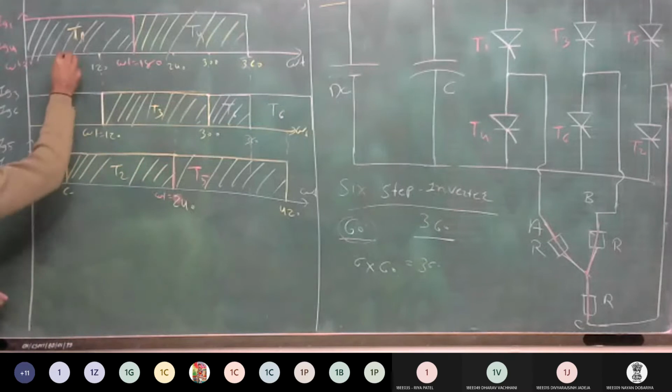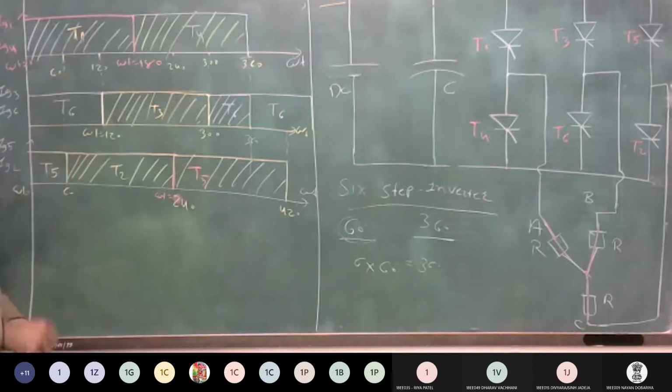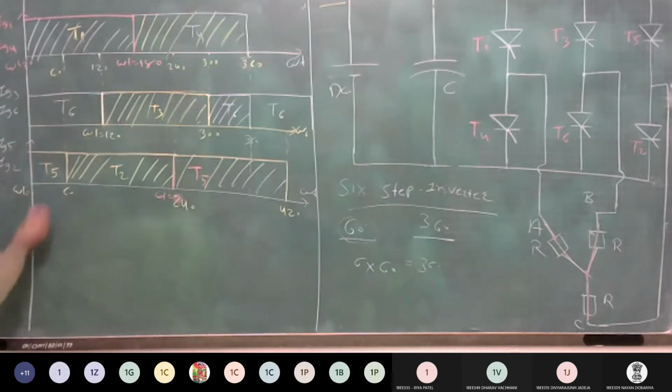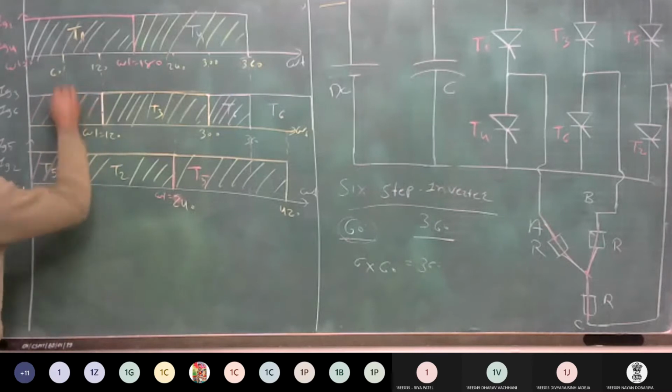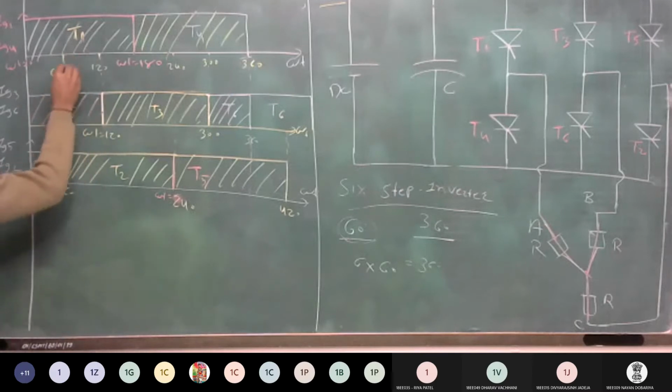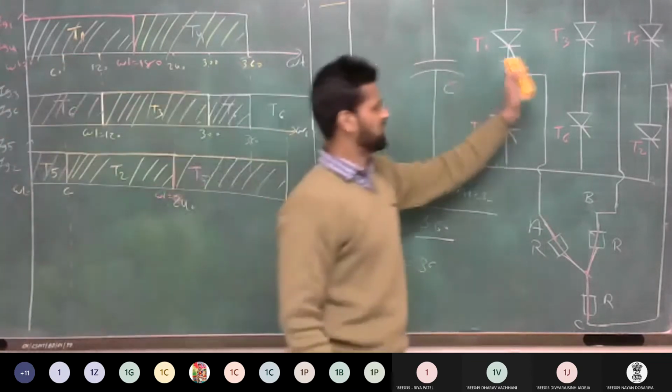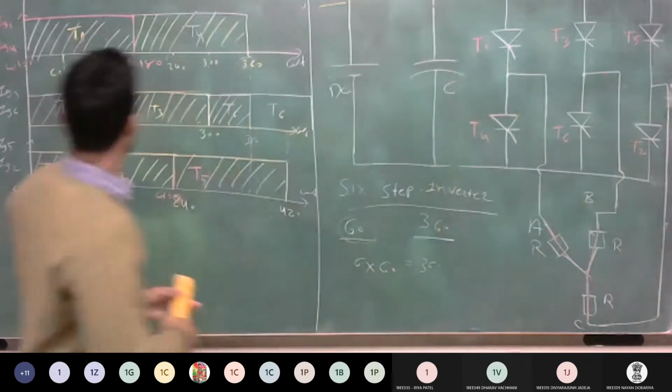You can see that at each and every 60 degree interval, one new thyristor is on. Let's see this. Now you can see that in the first 60 degree interval, 0 to 60 degree, which thyristor is turned on from all these three legs?